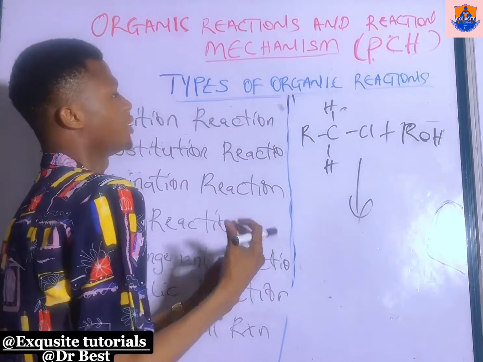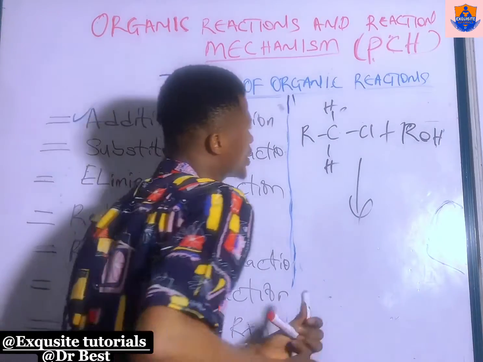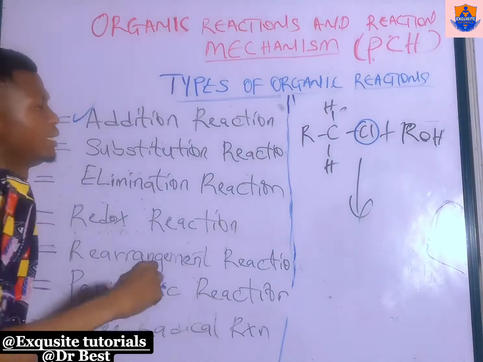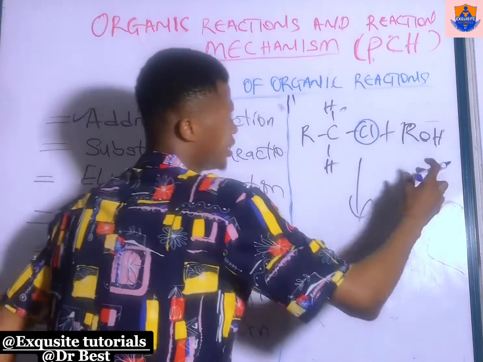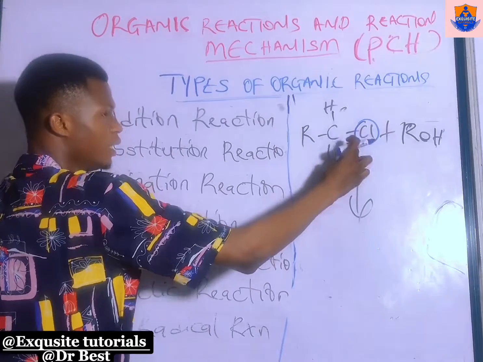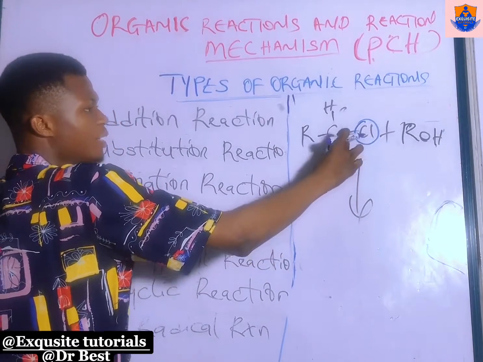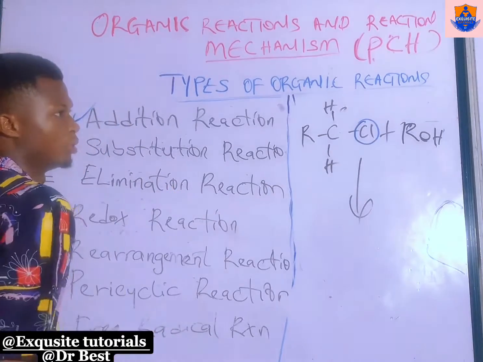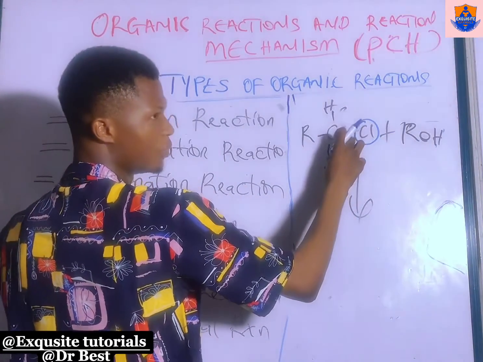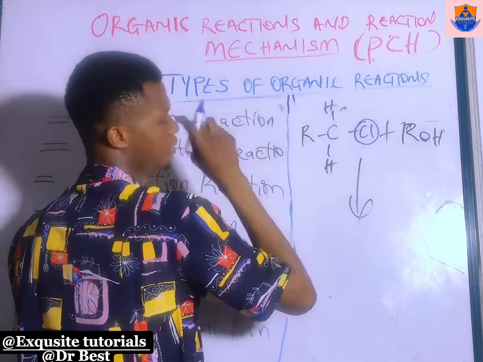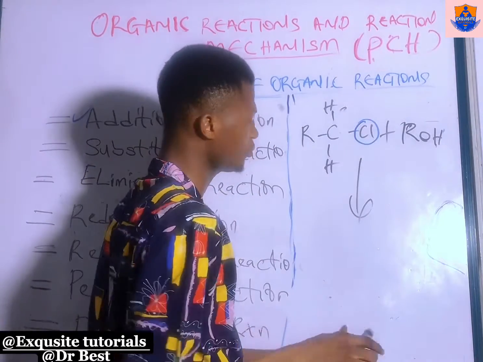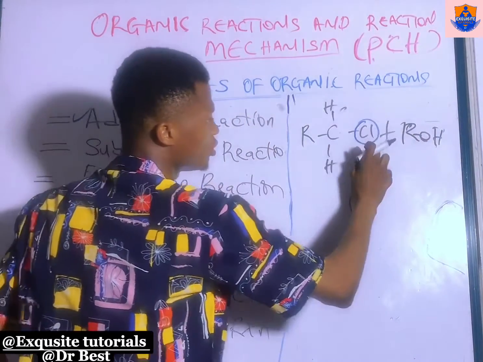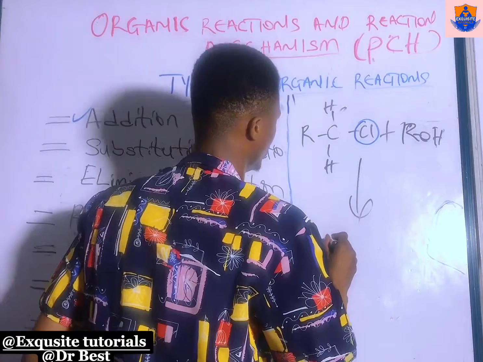Now, in a substitution reaction, we call this a leaving group, right? Once this group leaves, it's going to create, just like I told you, a very reactive center here. Once this group leaves, this bond here will be broken, making this carbon positively charged, a carbocation. Now, remember OH is negative, right? So this OH will come and substitute this chlorine here to give us this.